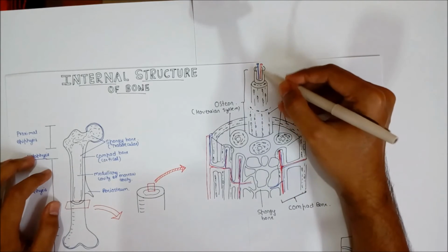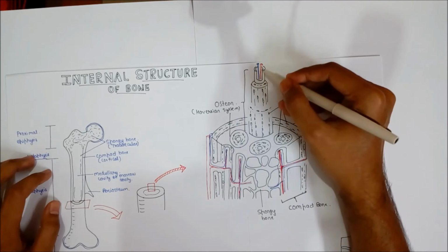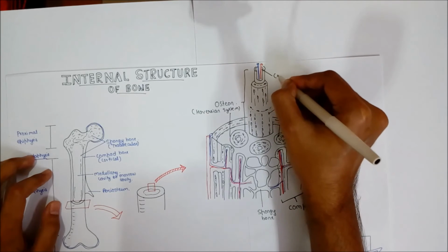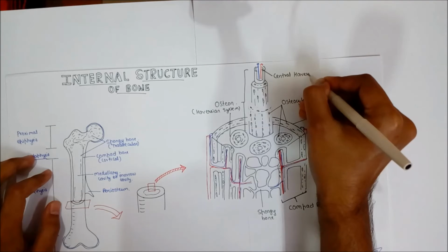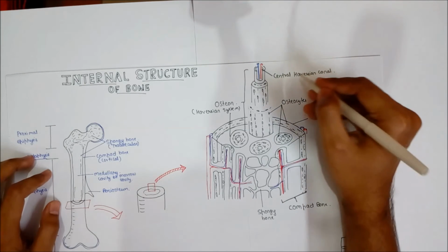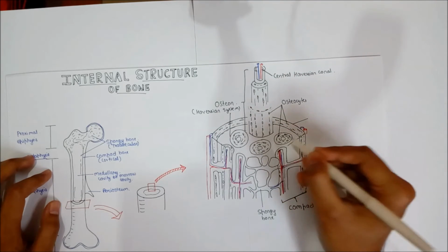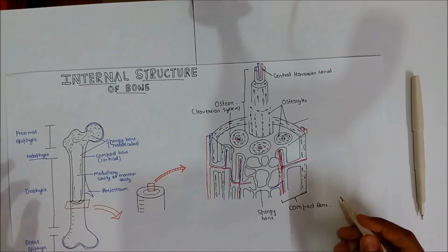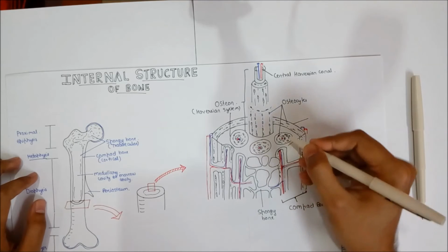At the center of this osteon there is a hollow cavity which is called the central Haversian canal.